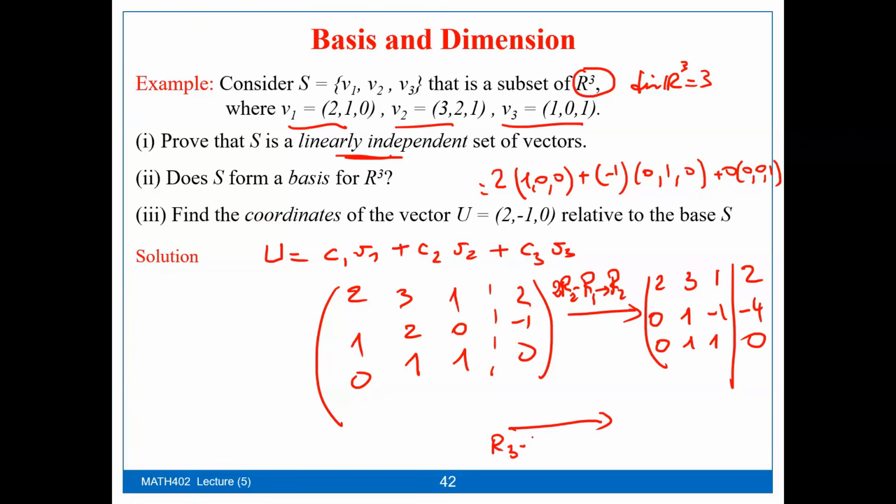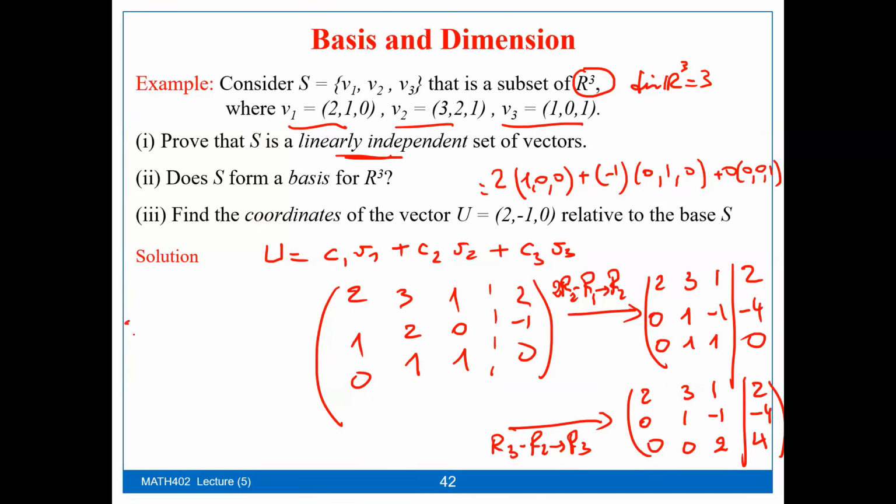Finally, R3 minus R2 into R3. We obtain 2, 3, 1, 2, 0, 1, minus 1, minus 4, 0, 0, 2, 4.